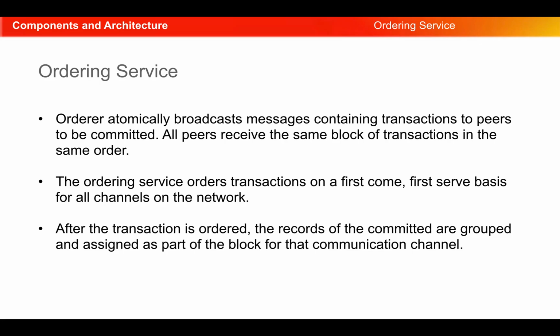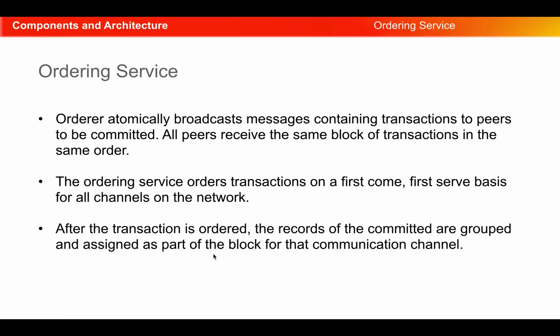Now let us look into the ordering service, how it works, and where it stands from a Hyperledger Fabric point of view. The orderer automatically broadcasts messages containing transactions to peers to be committed. All peers receive the same block of transactions in the same order. The ordering service orders transactions on a first come first served basis, which is the FIFO mechanism, for all channels on the network.